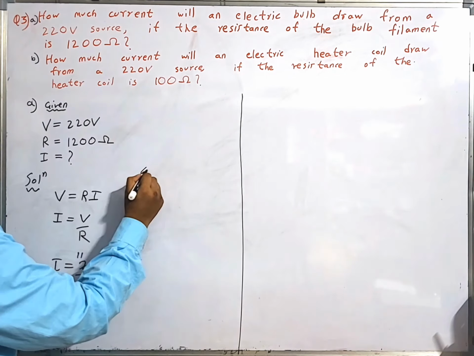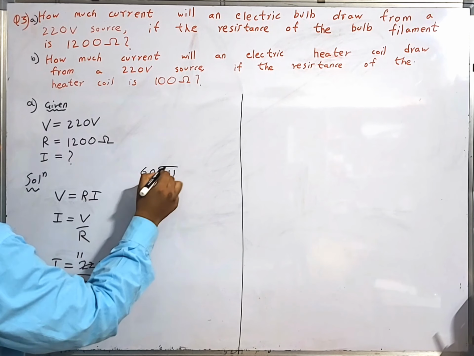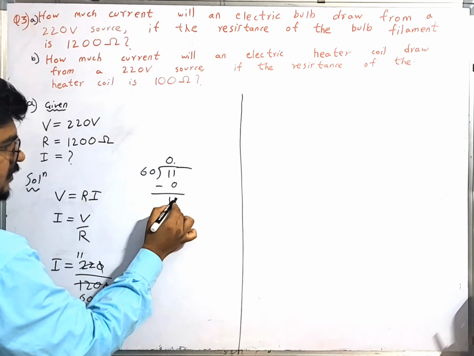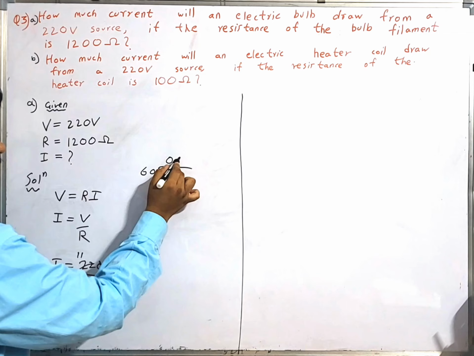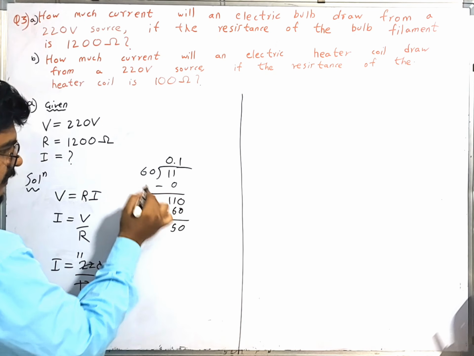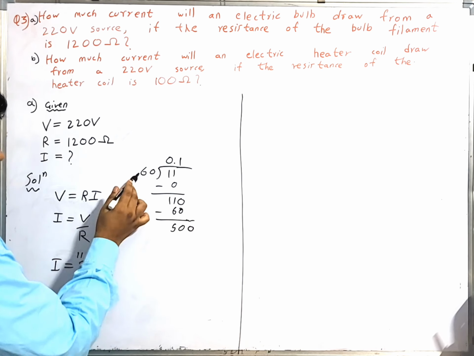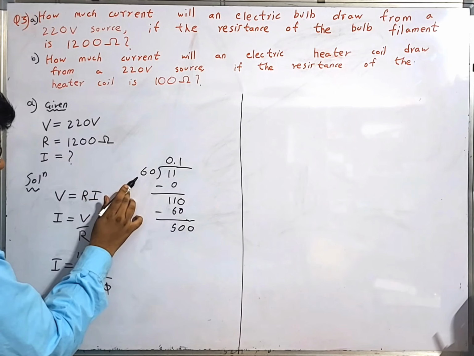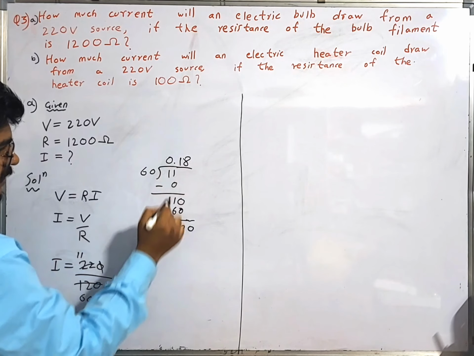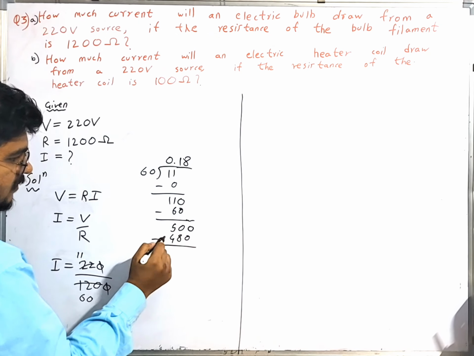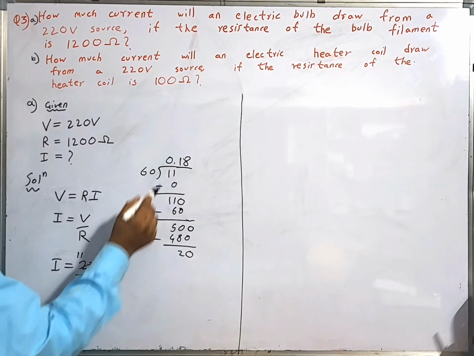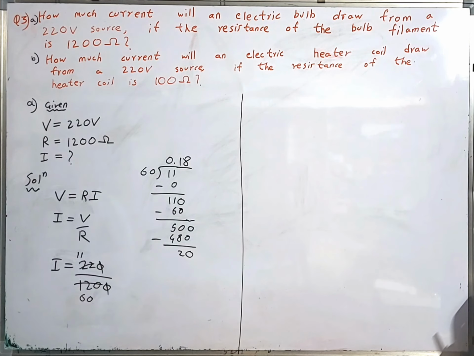Now we'll do the division here, and we can write the final answer as 0.18.